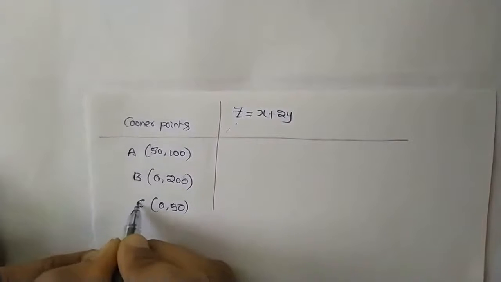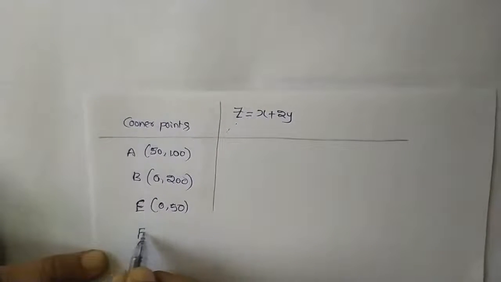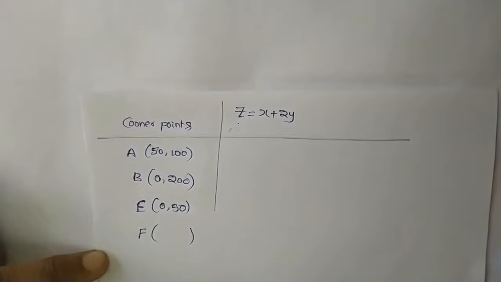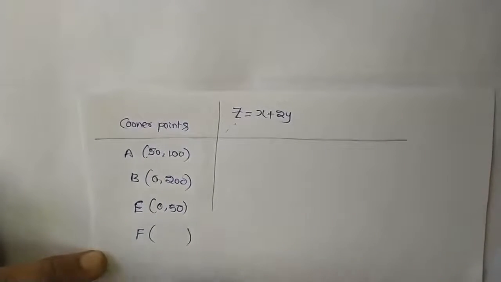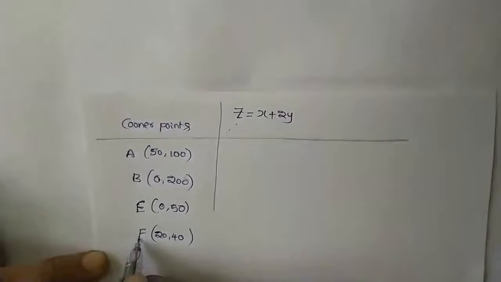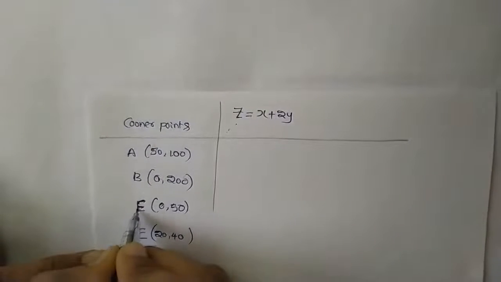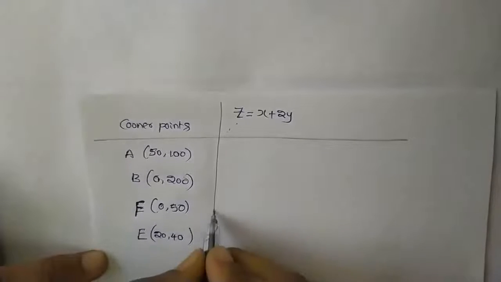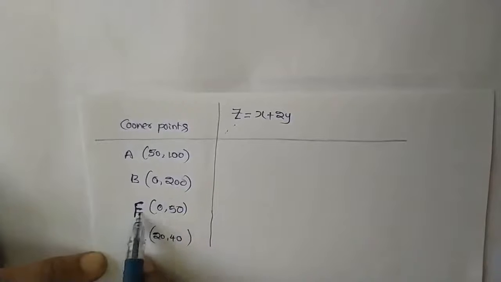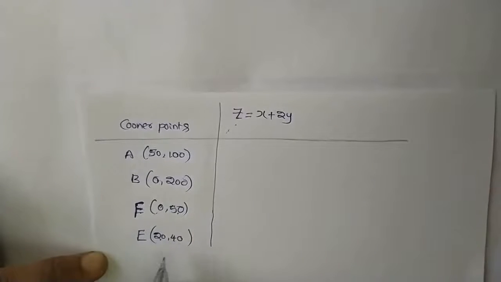Not C, it is E. Next, the point F (20, 40). It is the point E and it is the point F. Corner point A (50, 100), B (0, 200), F (0, 50), E (20, 40).